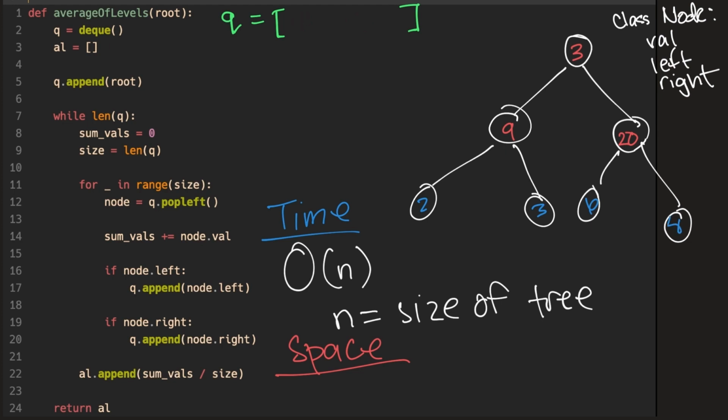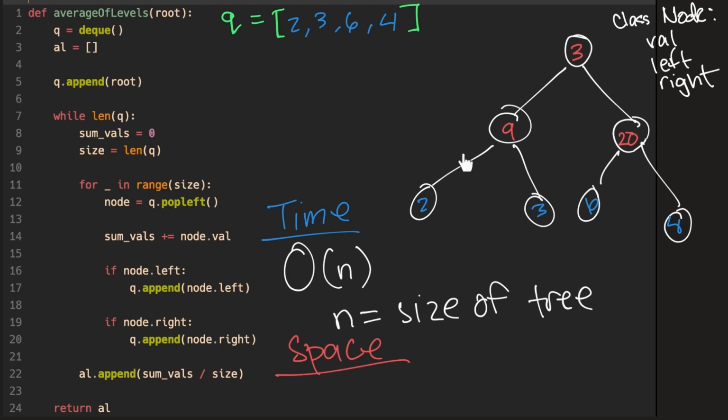And let's remove these from our queue. So this final level of the tree here is going to be the level at which our queue holds the most nodes. So at this level here, our queue is going to need to hold 2, 3, 6, and 4. So that's 1, 2, 3, 4 items.